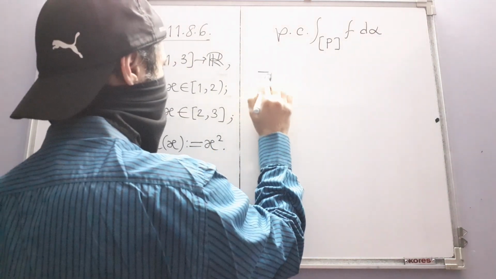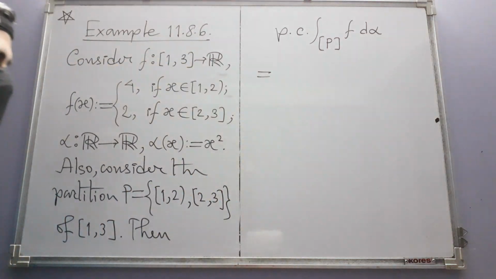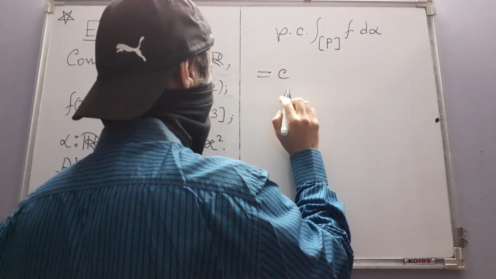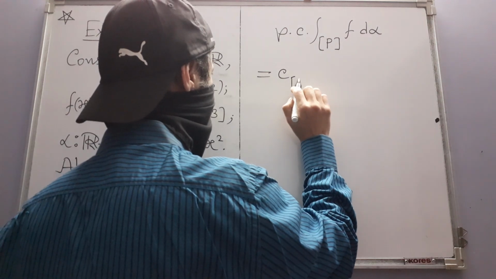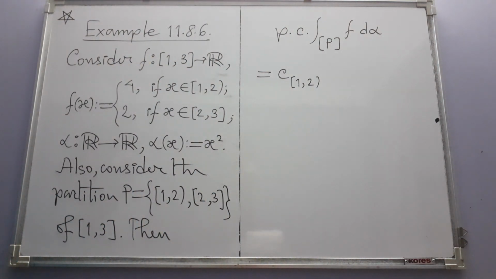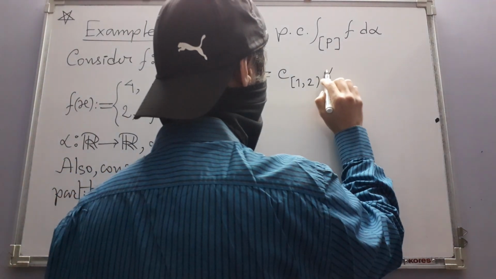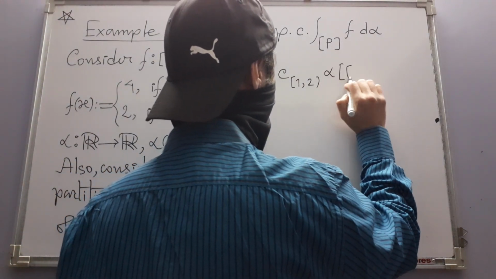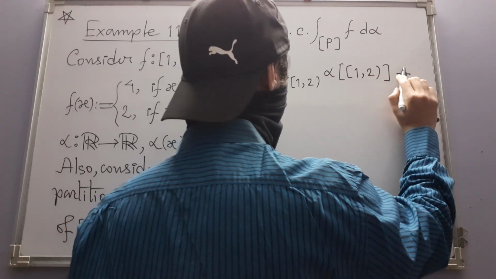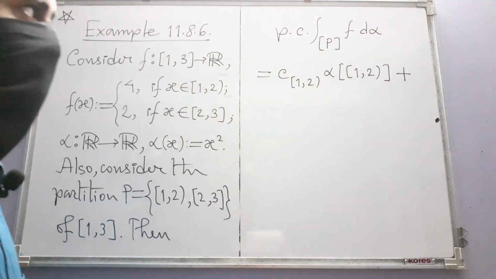So we are going to straight away write the sum. The first C is with respect to the first subinterval 1 comma 2 times the alpha length of this interval. You have to be a little careful in writing the alpha length notation.